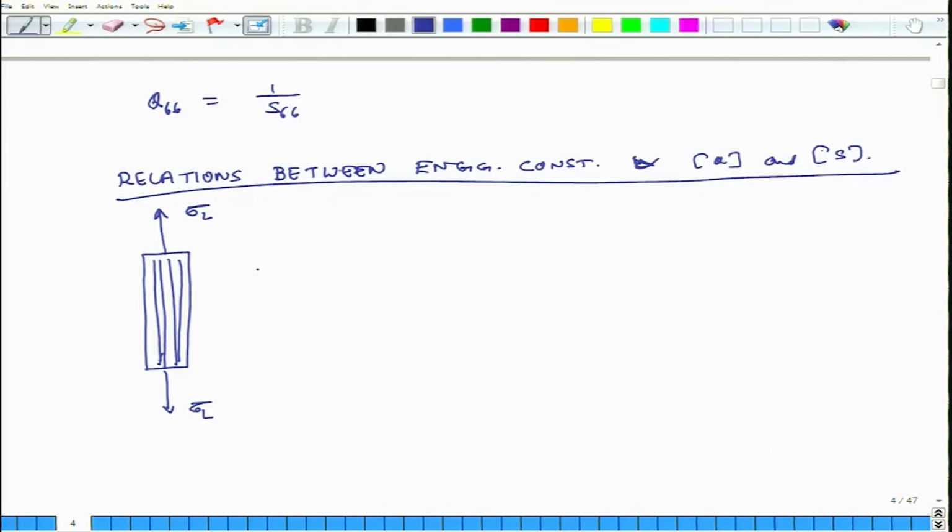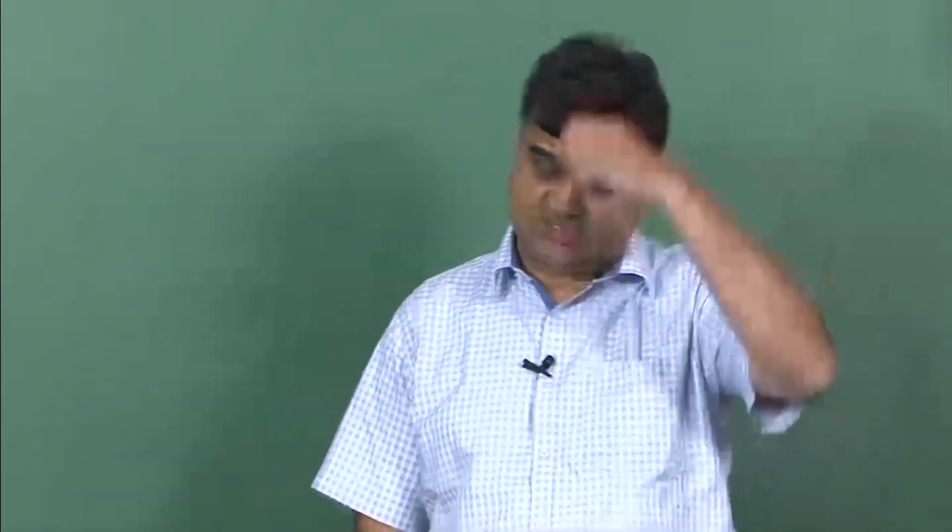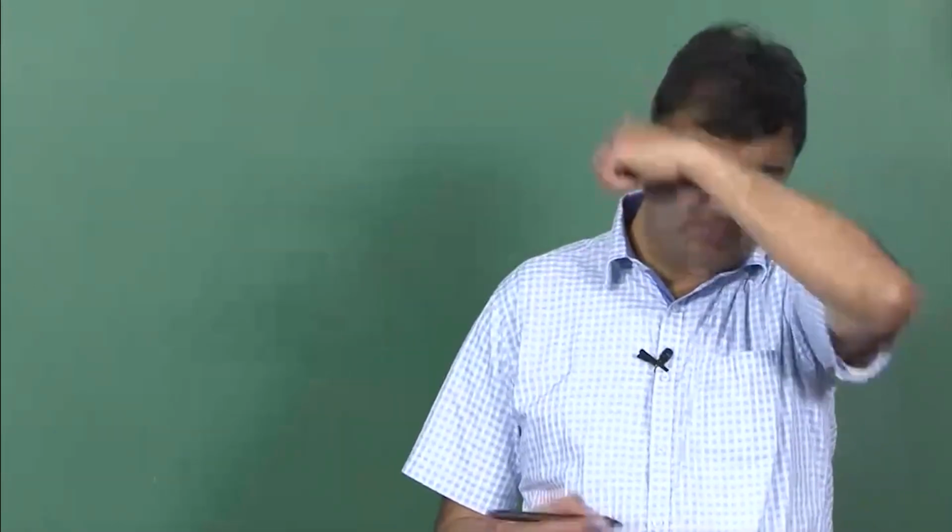It will generate epsilon L, and that epsilon L will be equal to sigma L divided by EL. So if I measure the strain in this material using some strain gauge, and if I measure the stress and if I divide stress by strain, I can calculate EL.